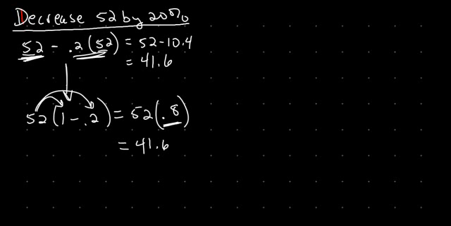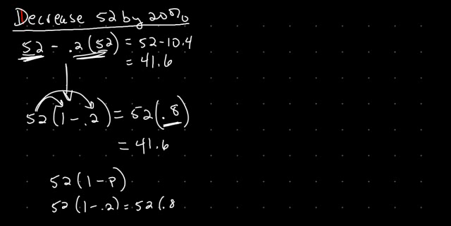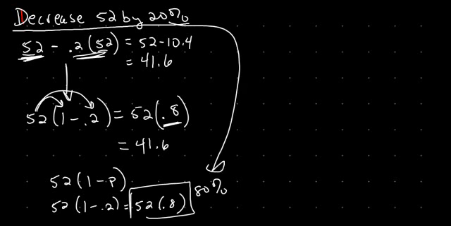We multiply 52 times 1 minus, let's say, R or P, whatever that percentage is, but in decimal form. In this case, it's 52 times 1 minus 0.2, which equals 52 times 0.8, which is 80%. So a 20% decrease leaves me with 80%. That gave me the 41.6.